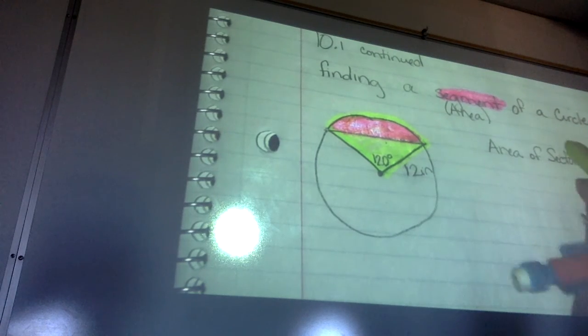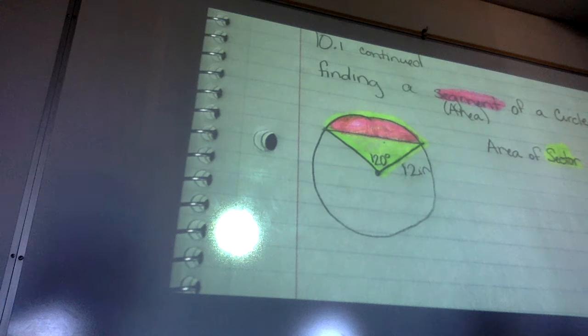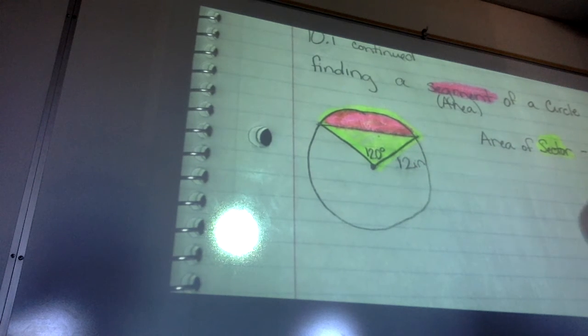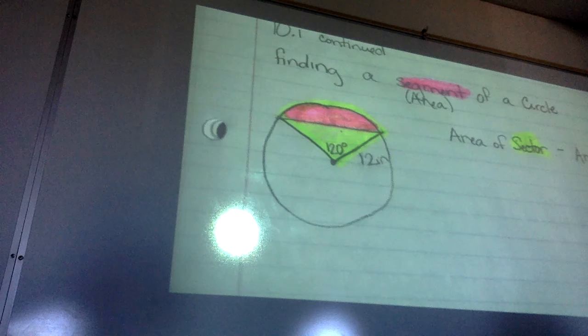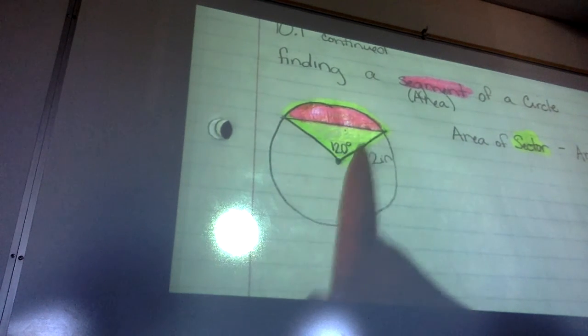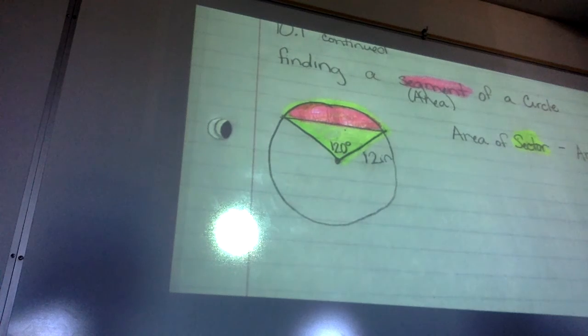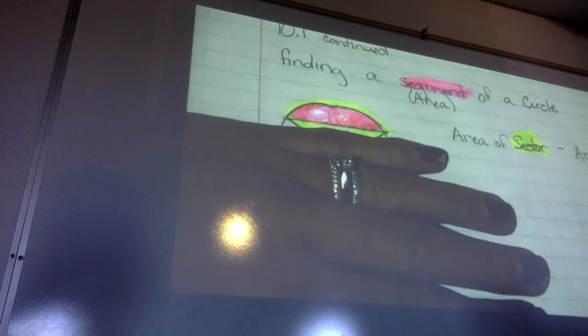So you're going to find the area of that sector, and then you're going to subtract out the area of the triangle. The area of the sector is the whole piece of the pie, and the area of the triangle is obviously the triangle, and then you're going to come up with the remaining pink piece, which is our goal. So this is the whole idea.